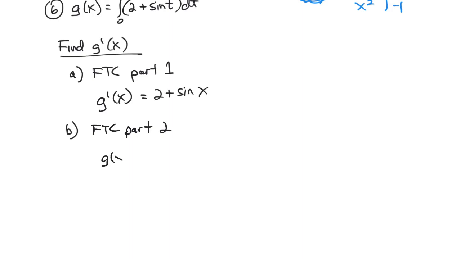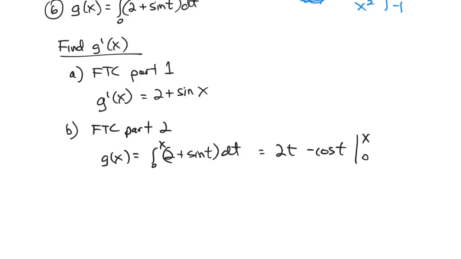So g of x equals the integral from 0 to x of 2 plus sine of t dt. Let's just integrate this. The antiderivative of 2 is 2t, because t is our independent variable. And the antiderivative of sine is minus cosine of t, and we go from 0 to x.